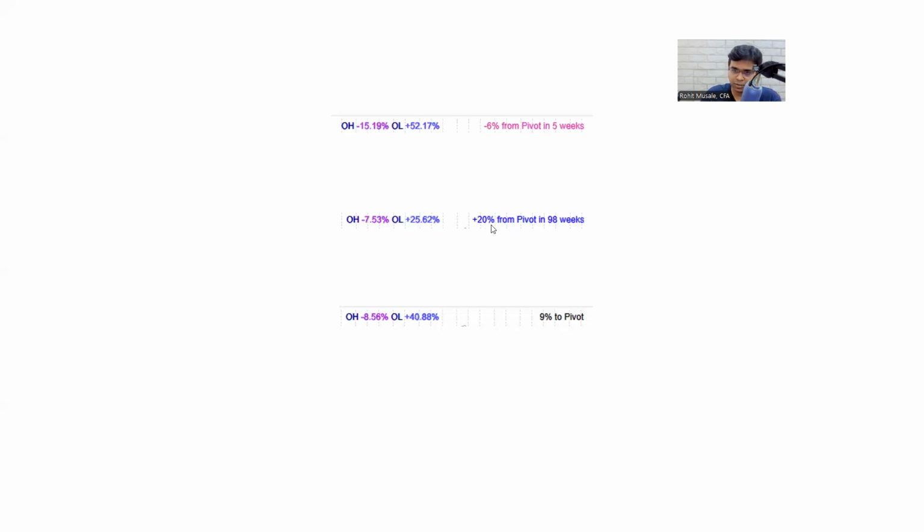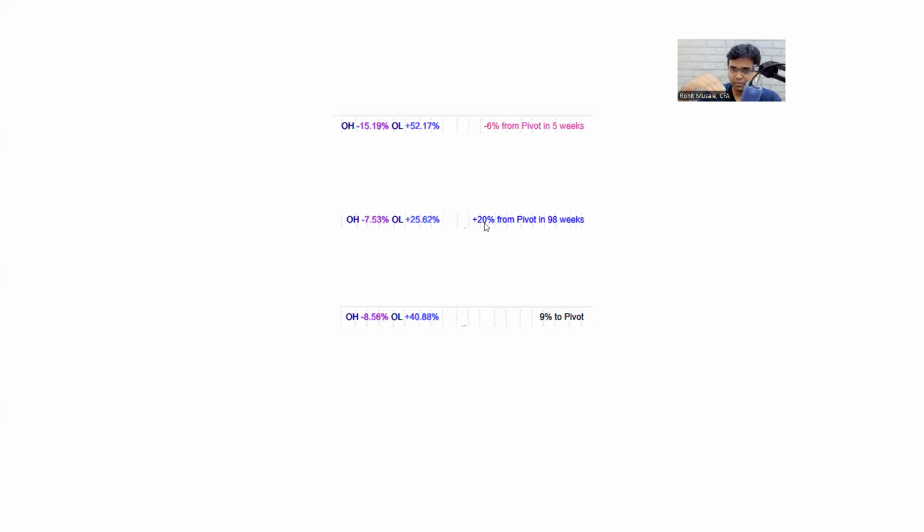So which means the stock has gone up not 20% from the pivot. It has gone up 27% from the pivot. And from that point, it had started to fall another 7%. And from that high, it is trading 7% below the high. Okay. And 25% above the 52-week low.